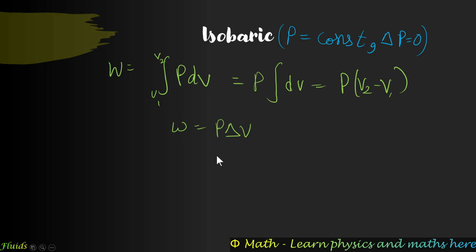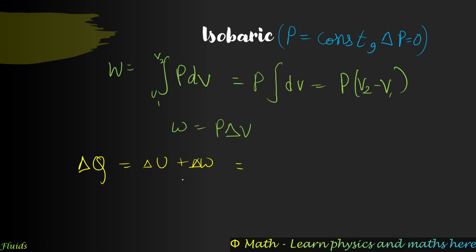From here we are going to derive the heat. So delta Q is equal to delta U plus delta W, and we know that delta W is equal to pressure times change in volume.